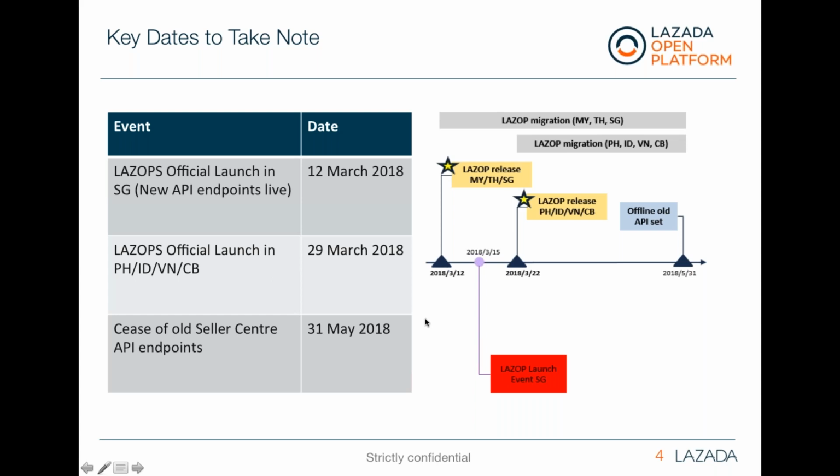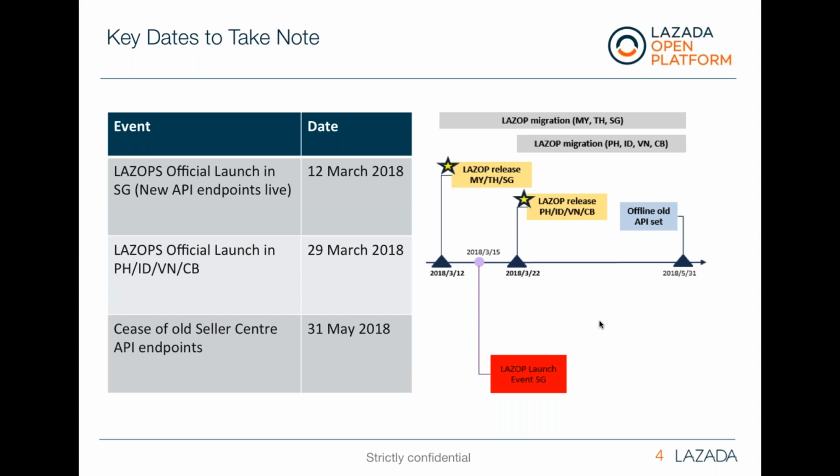We will also provide technical support through the contact us page, and we have some Team Talk groups to help you migrate. So later, if you have any questions, you can contact us through these channels.